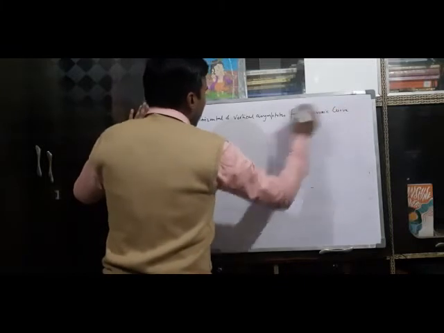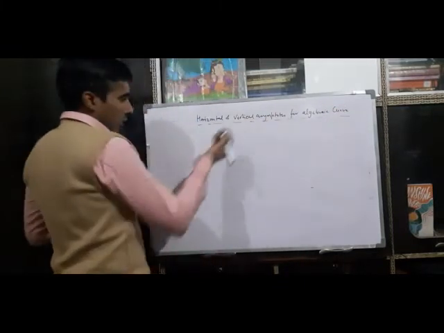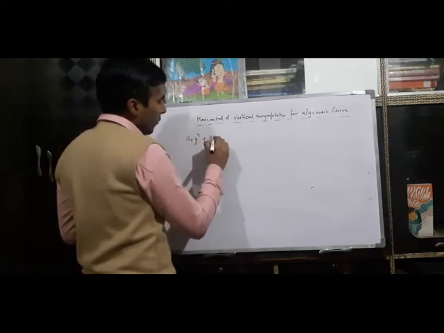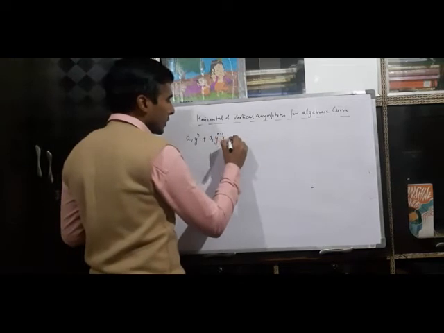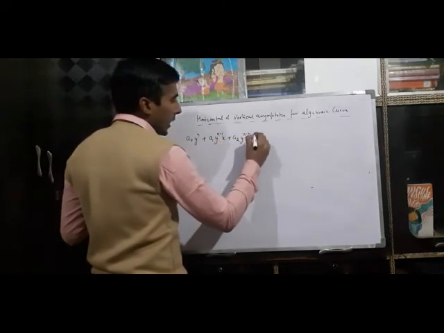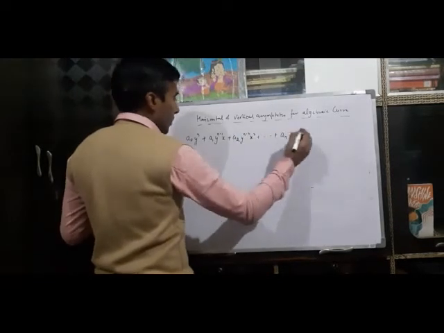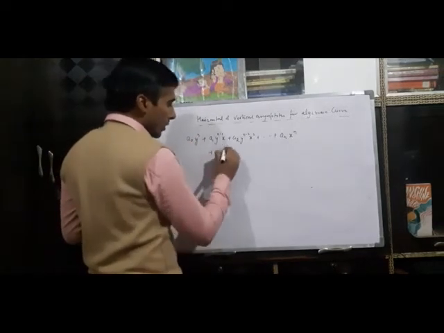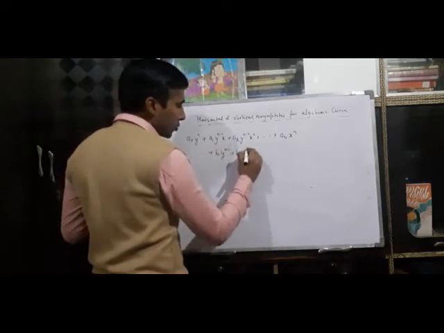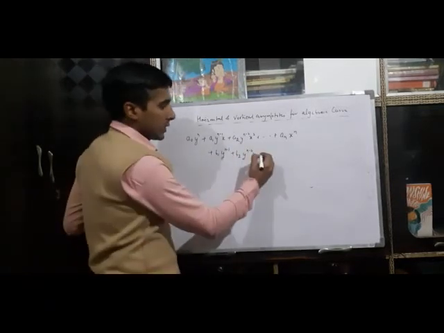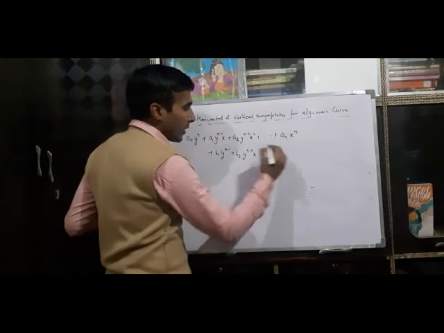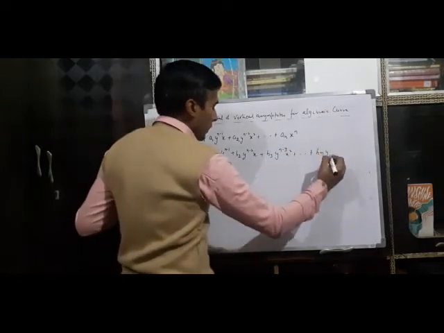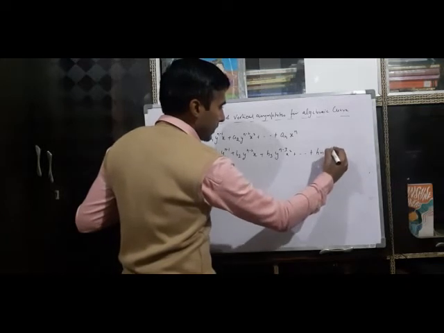In general, we consider an algebraic curve which can be written as a0 y raised to power n, plus a1 y raised to power n minus 1 x, plus a2 y raised to power n minus 2 x square, and so on, plus an x raised to power n, plus b1 y raised to power n minus 1, plus b2 y raised to power n minus 2 x, plus b3 y raised to power n minus 3 x square, and so on, plus bn x raised to power n minus 1.